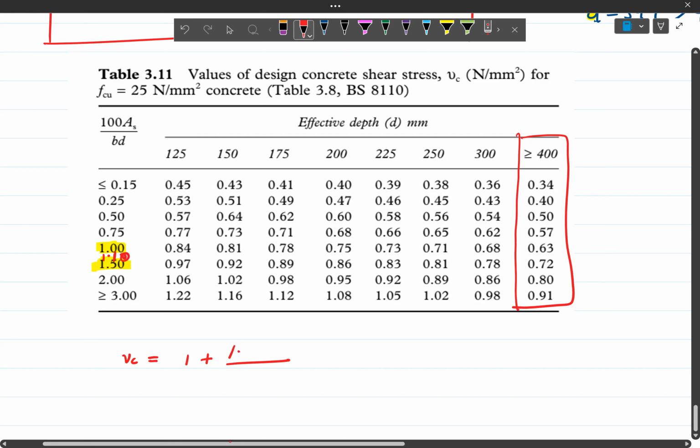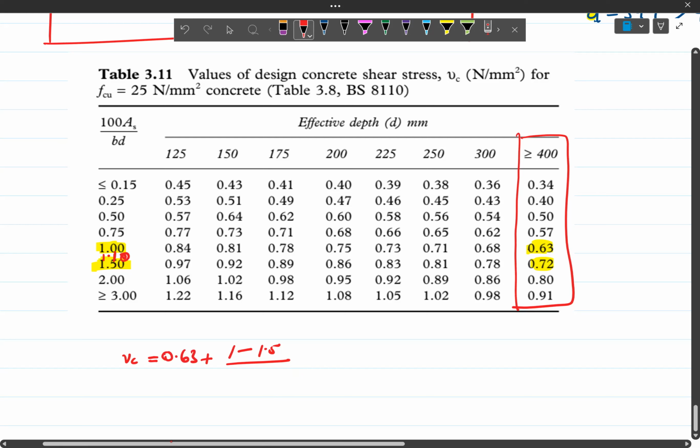So you got 1 minus 1.5 over. So you choose these values here, 0.63 and 0.72. So let's see, 0.63 minus 0. Okay, I think I'm making it. Let me do the corrections. Okay, so it's 0.63 rather.